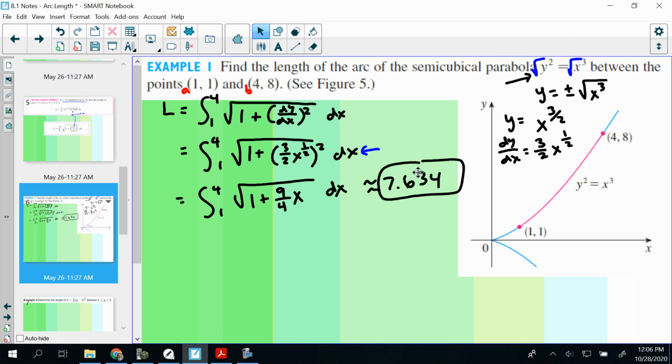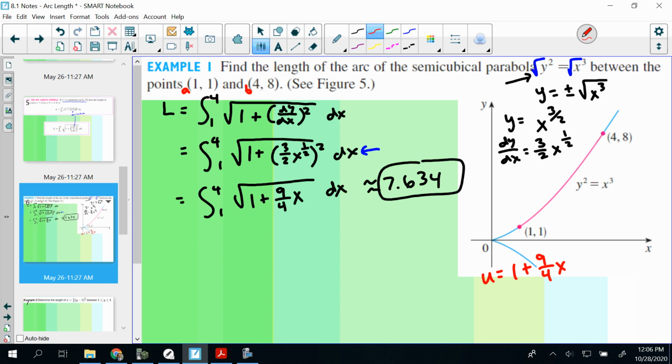If you would want to get the exact answer on this one, how would we integrate that? Looks like probably a substitution one. We could substitute in here for u the stuff under that square root and find it that way. So then our derivative here would be 9/4 dx. If we make our substitution here, let's multiply by the reciprocal, it'd be 4/9 du.